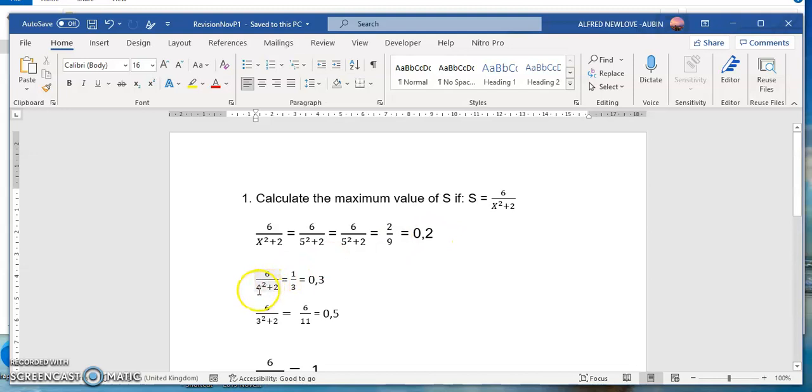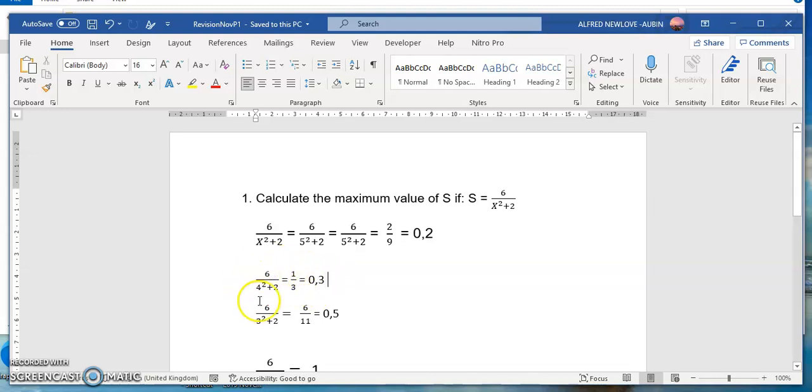If I reduce the value for x, it means the denominator is reducing. Are you getting it? This 2 is constant, so it is this variable that we can change. If I reduce the value for x, I'm going to have 0.3.